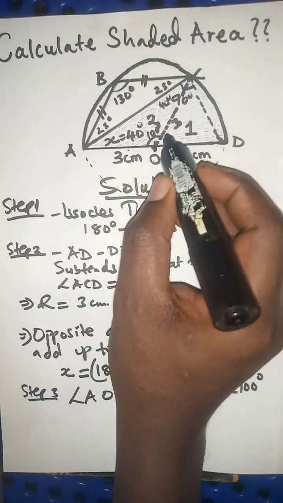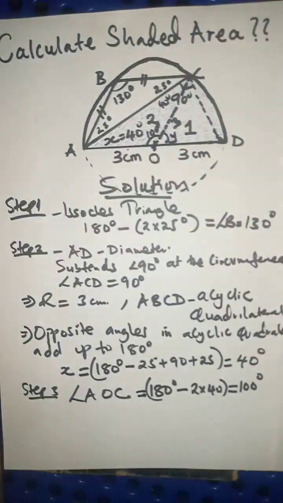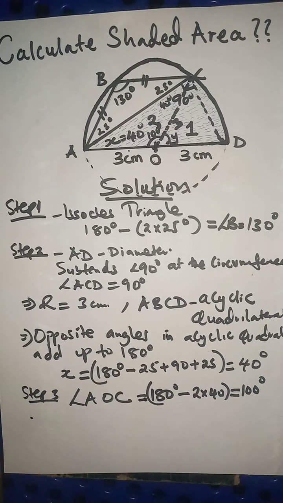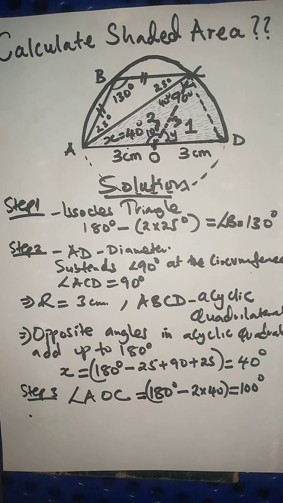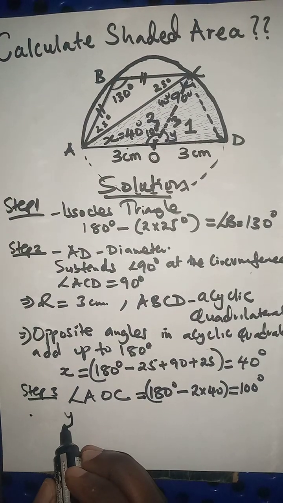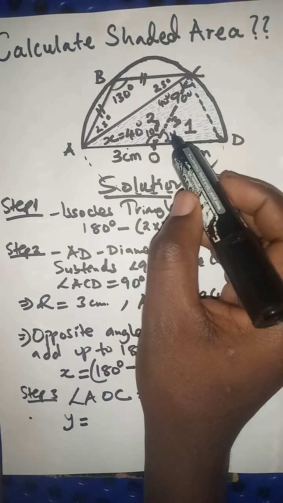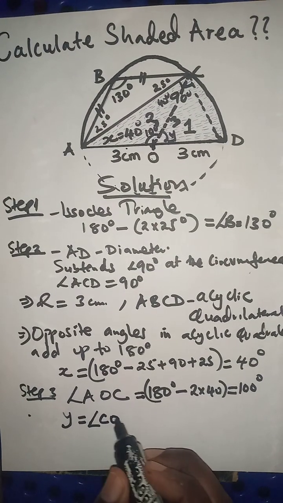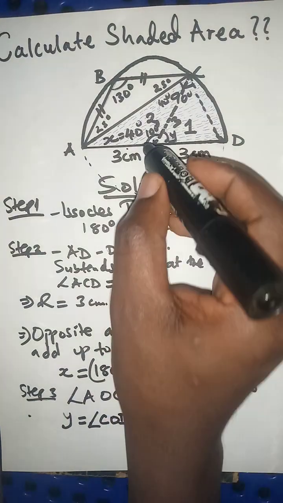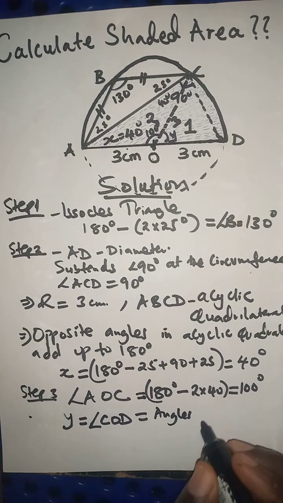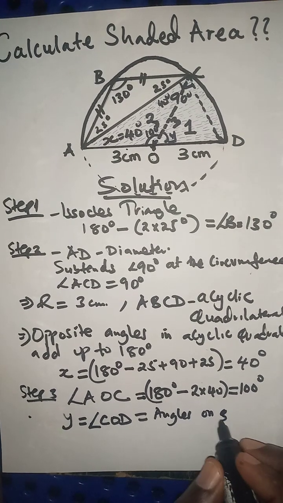Now on the other side, I'm going to calculate angle Y. Calculating angle Y, I'm going to consider it as angle COD, and this angle is on a straight line.